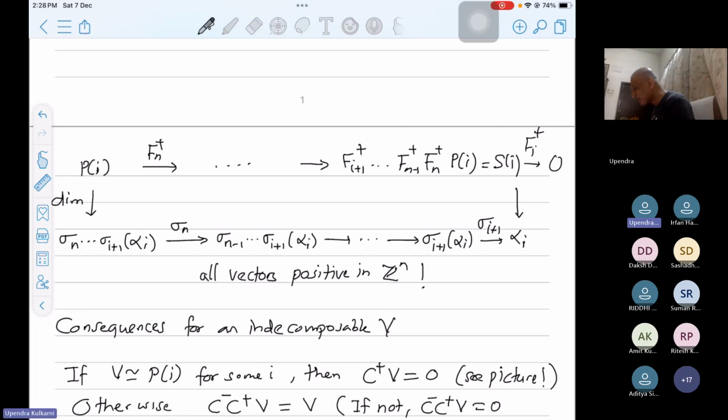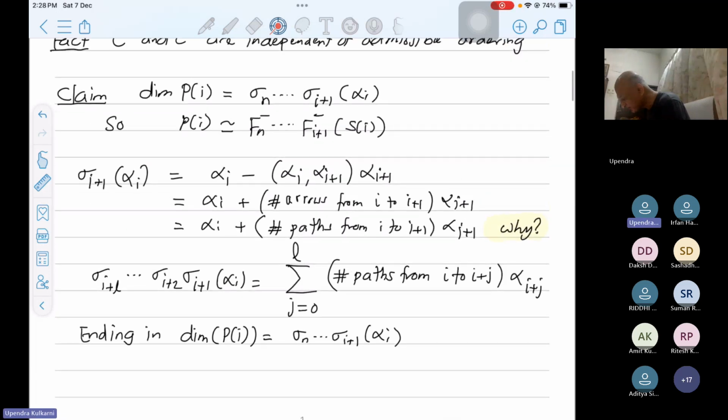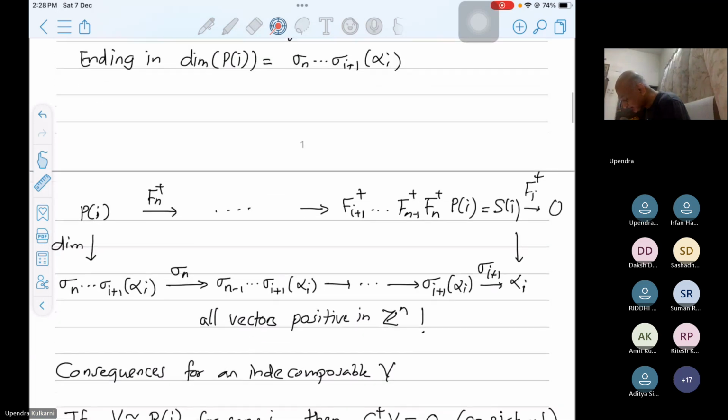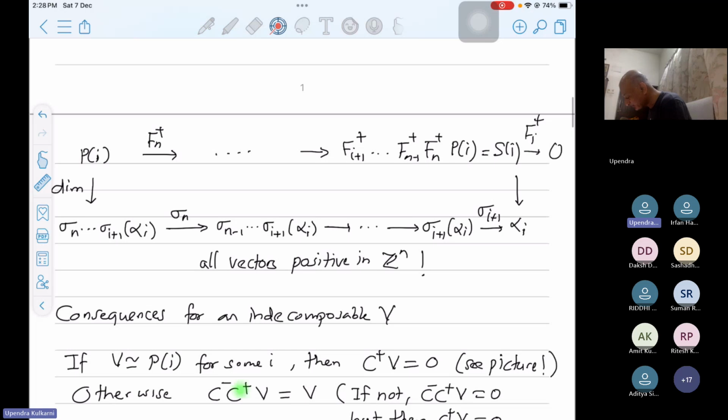Why is that? Because if V is not one of these special forms, then if I apply C plus to it, I will not die, because by means of C minus, I'm coming back. So how could this C plus V be 0?